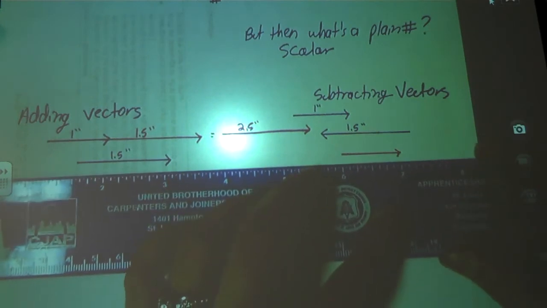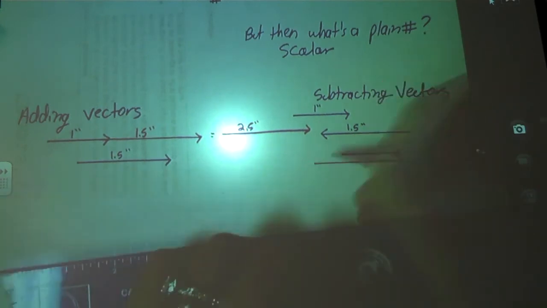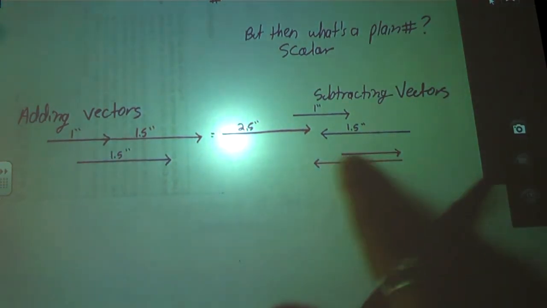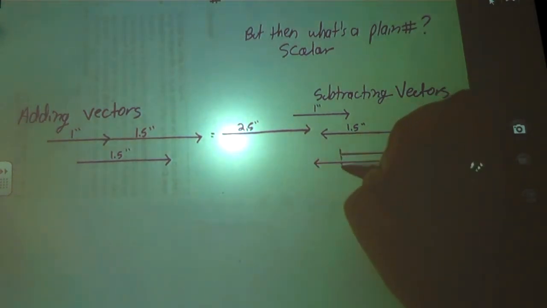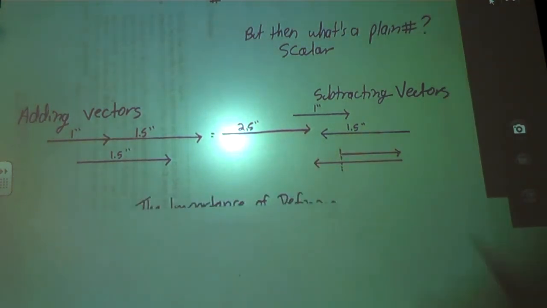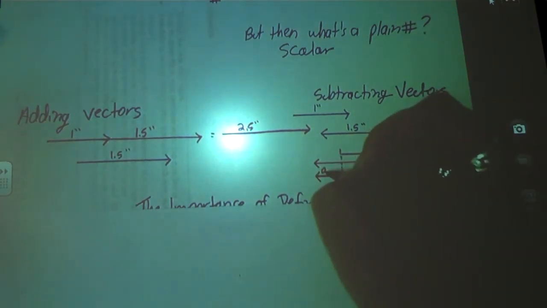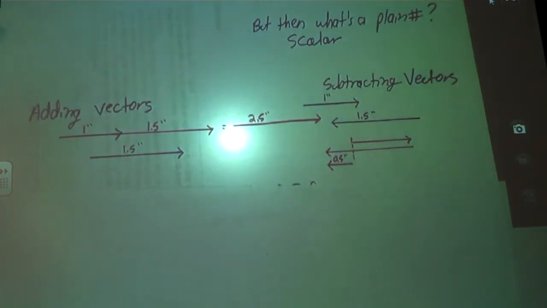I'm actually going to draw them one below the other here, like this, so you can see it a little bit better. So, for example, if we walked 1 meter this way and then walked 1.5 meters back that way, overall, my resultant vector, that's what your answer is called, is going to be 0.5 meters to the left.